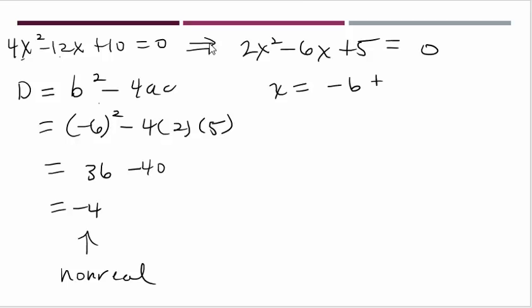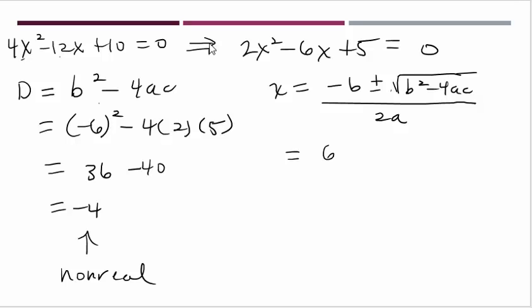Okay, so remember it's negative b plus or minus the square root of b squared minus 4ac, divided by 2 times a. Okay, and b again was negative 6, so the opposite of negative 6 is 6, plus or minus the square root. Okay, this is the expression that we had over here.